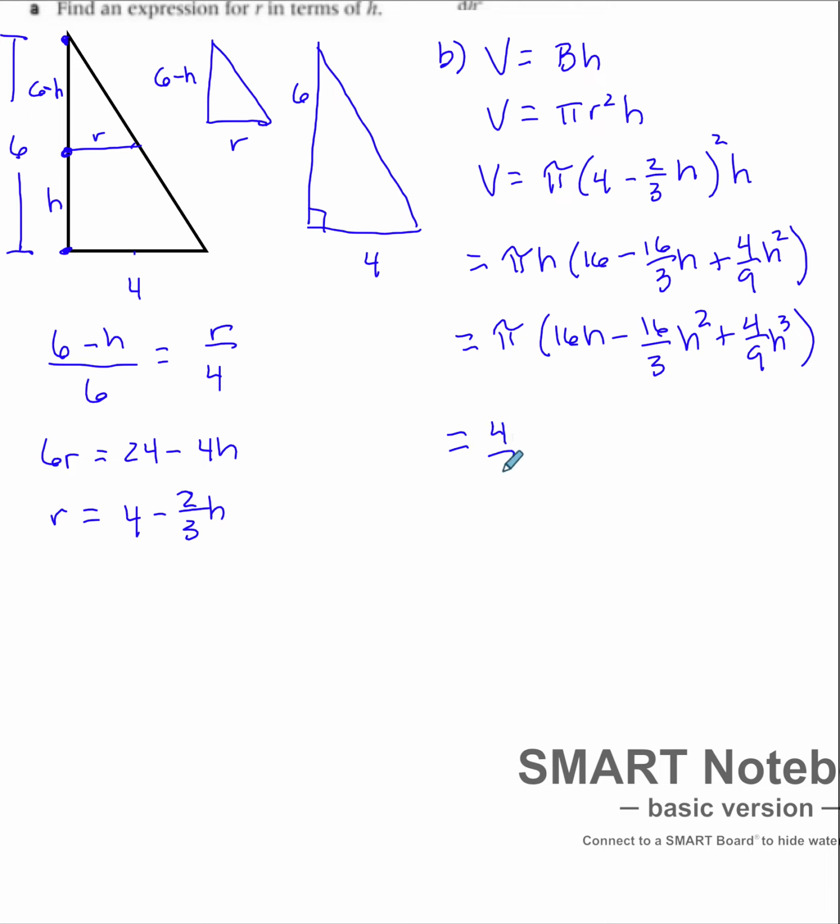So that's 4 over 9 pi. So what the heck happens here? Well, what really is happening is if I factor out 4/9, that means 4/9 times some number, I'll just say x, has to end up being 16, or whatever the coefficient is. So it turns out that this value, which is going to be the coefficient of the h here, would be 16 times 9 over 4.